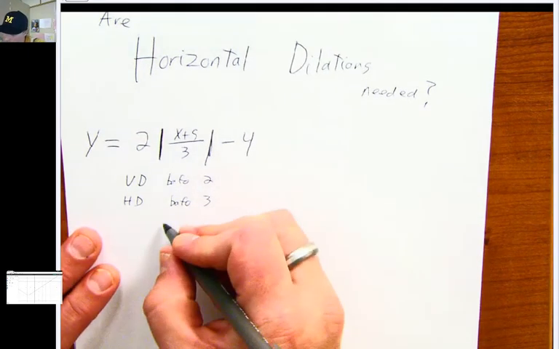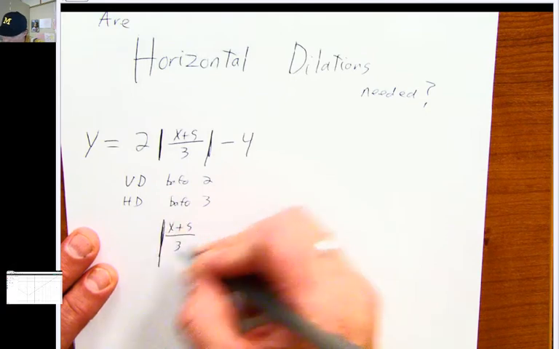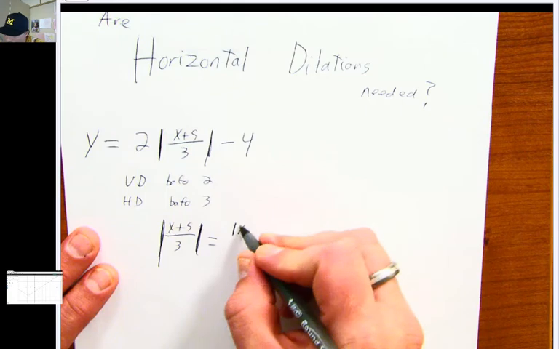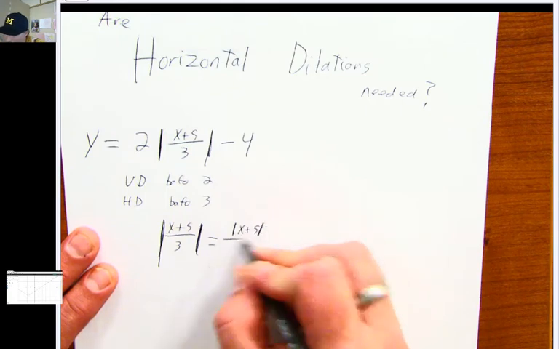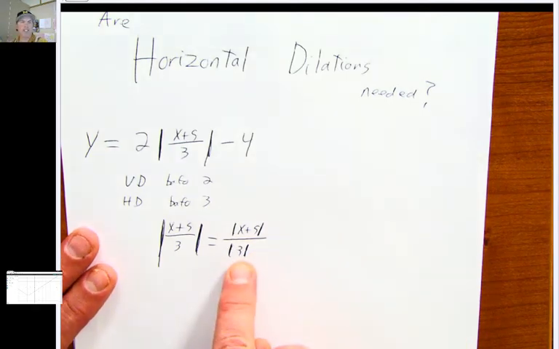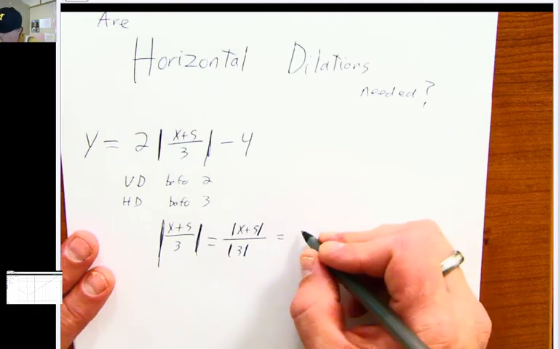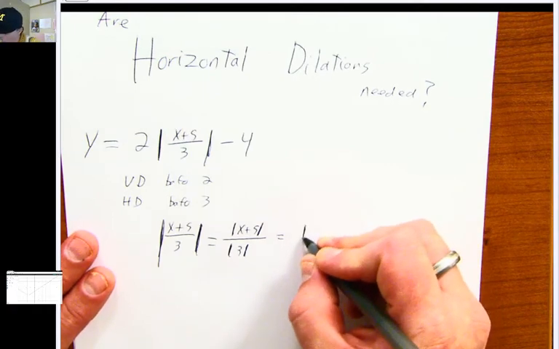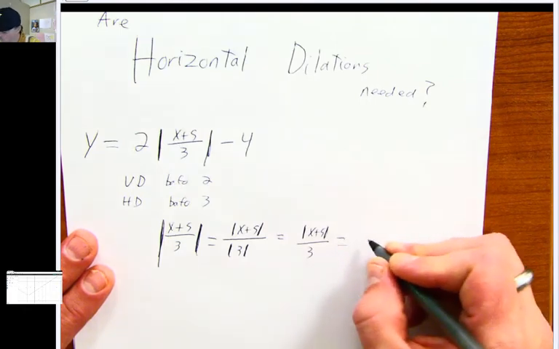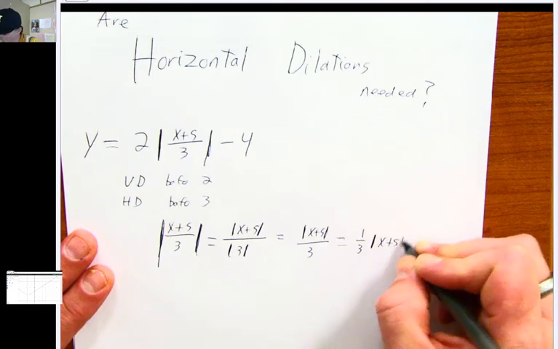But look at the absolute value of (x plus 5) over 3. If you have a fraction inside an absolute value, you could break it up into the absolute value of the numerator and the absolute value of the denominator. And what's the absolute value of 3? It's 3. So this becomes 1/3 times the absolute value of x plus 5.